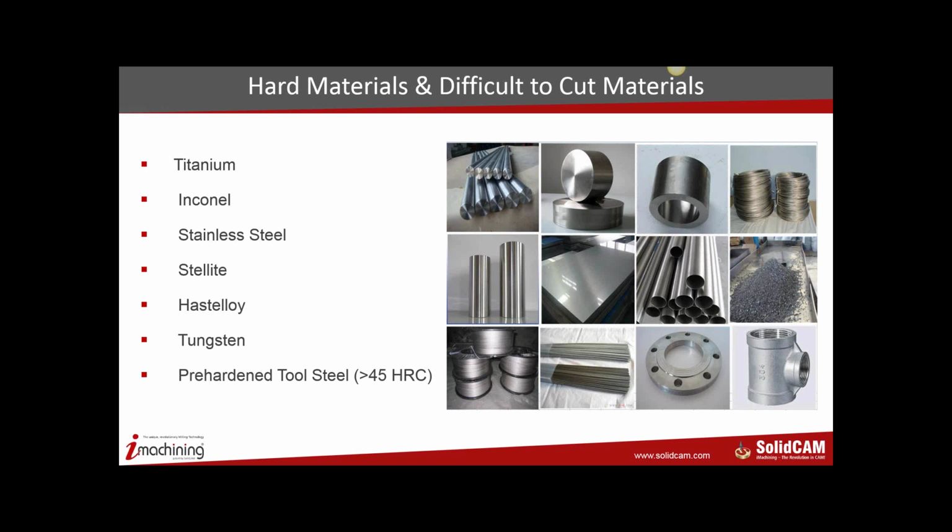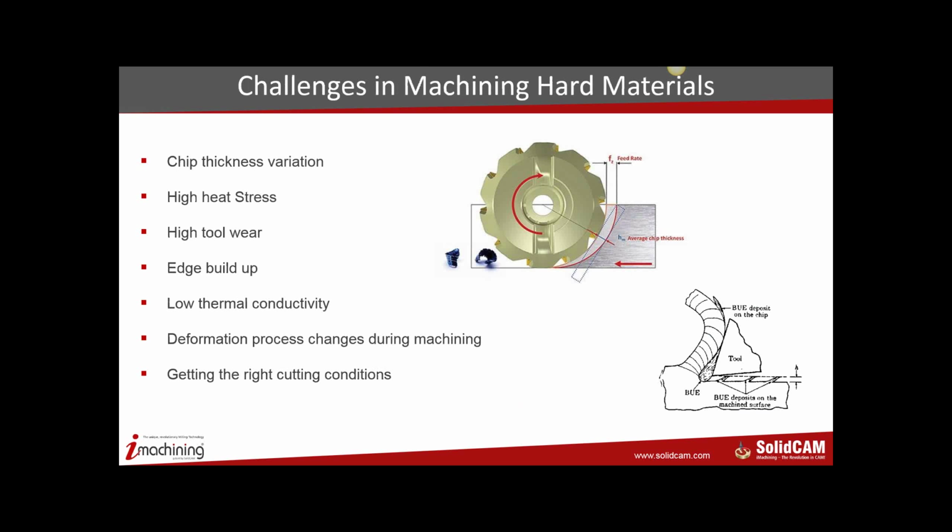So if you look at the challenges in machining these materials, one is that with the process currently followed by conventional systems, I'm not talking about iMachining, but conventional systems, there is a major amount of chip thickness variation, which means the mechanical and thermal stress on the tool is changing dynamically at every point.